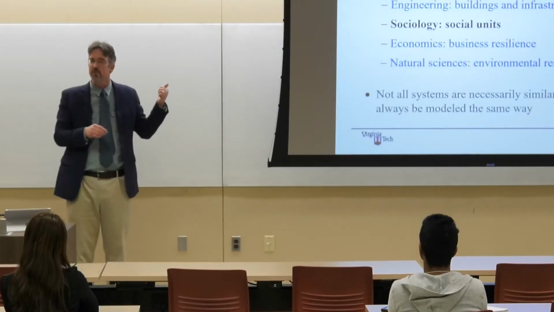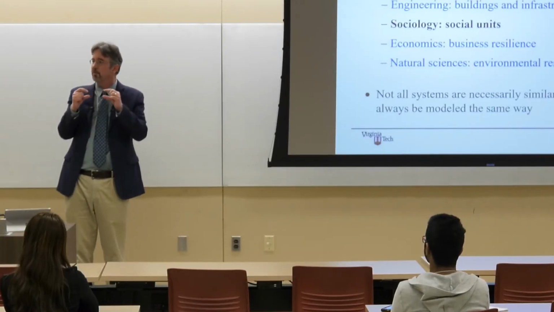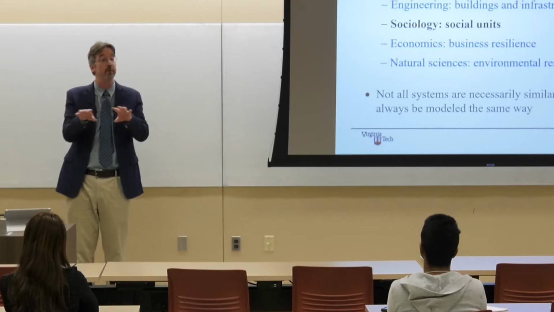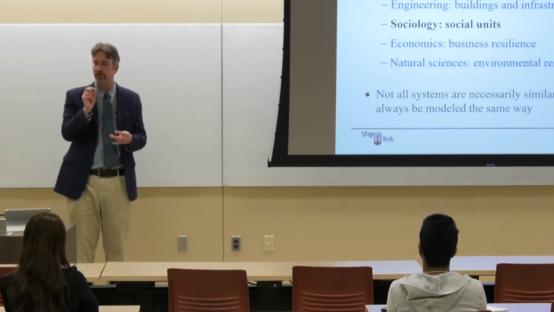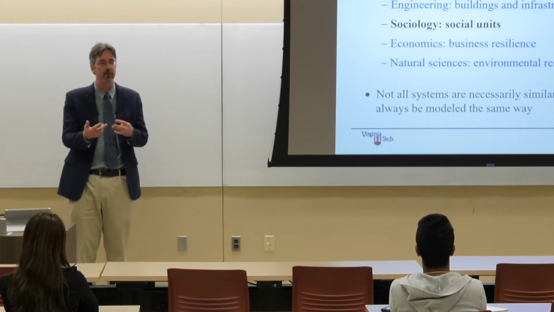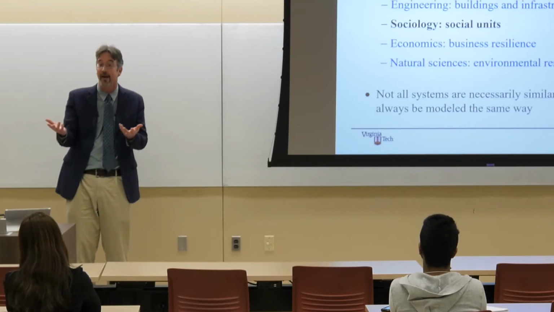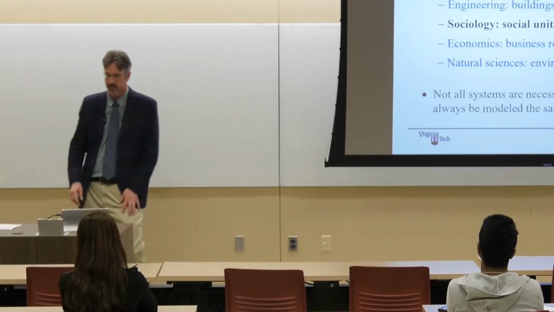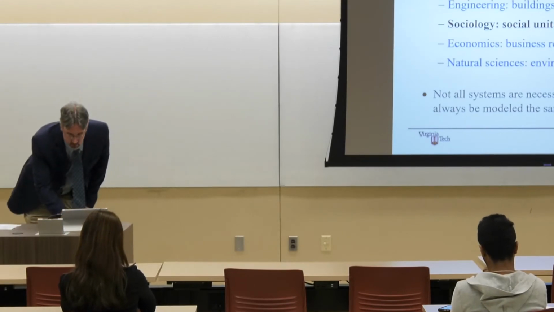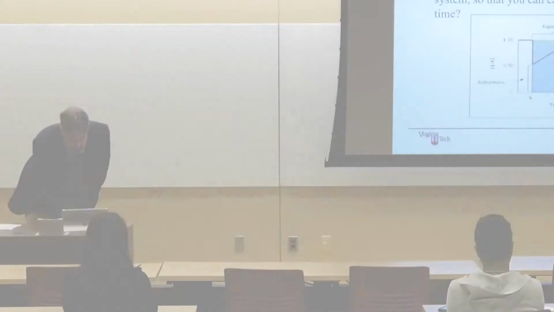Where it gets tricky is when you get to just purely that social part, okay, which is just part of community resilience. So community resilience is the whole thing, but the social aspects are an important piece of this. If we want to characterize resilience of a community, we can't leave that out, right? You've got to include the human side of things. But that's where it starts getting a little tricky, because things don't necessarily work the same way, right?